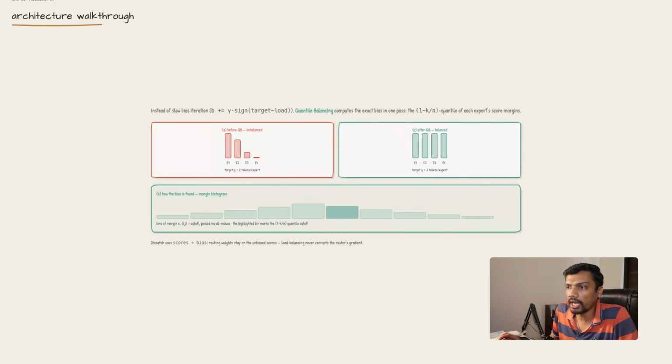So QB acts like an automated host at a busy restaurant. Instead of adjusting the food recipe, like gradients in terms of LLM, to get people to pick empty tables, the host simply calculates the exact weighting line of scores, that is the quantile, for each table based on the current queue, and adds a temporary bias, that is b_j in this formula.